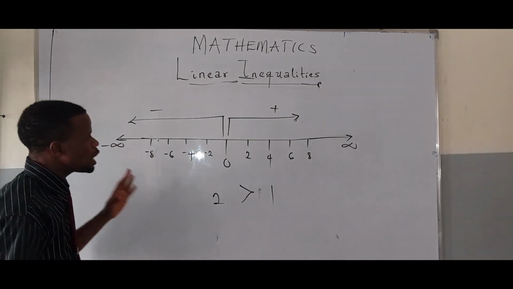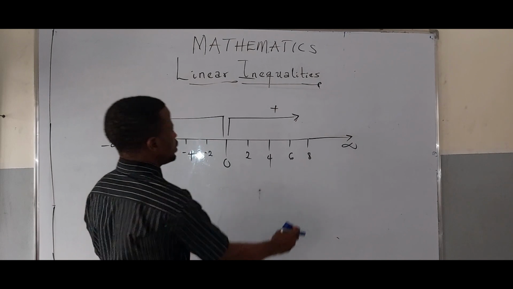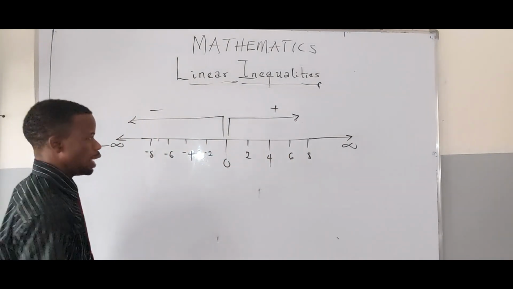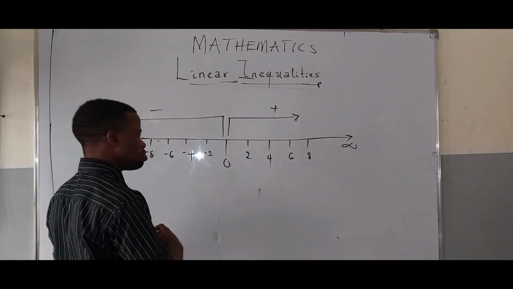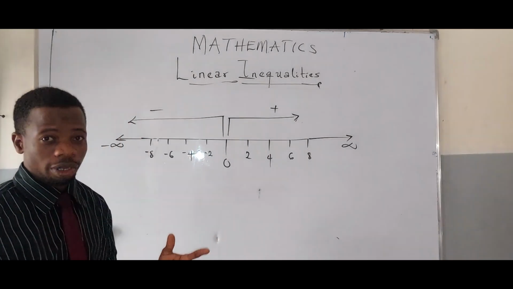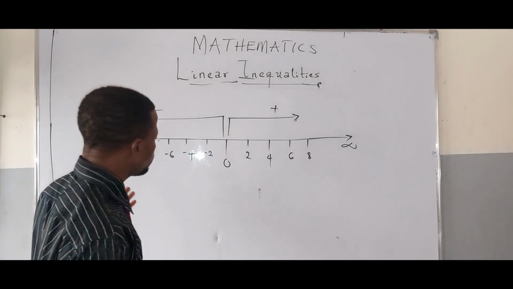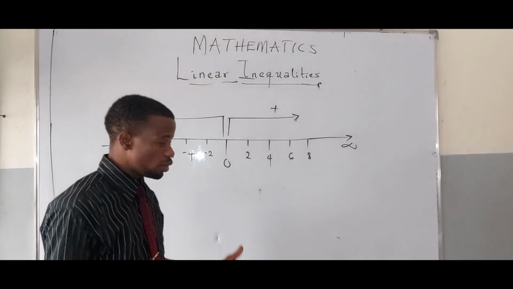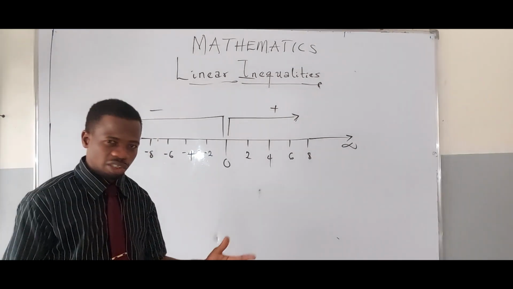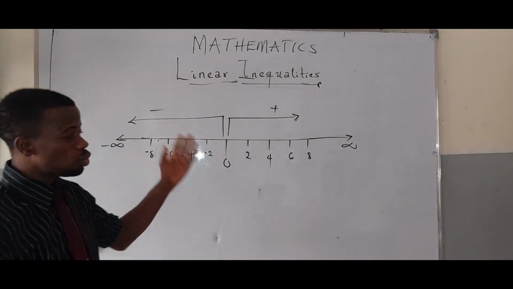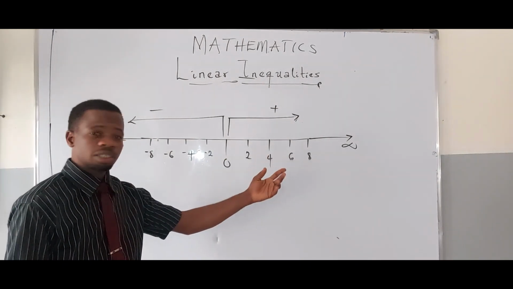Now, for linear inequality, I want to explain the number line. On a number line, it contains all numbers, including positive, negative, even, odd, fractions, decimals, integers and non-integers.